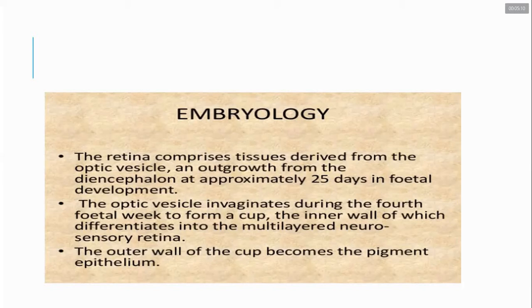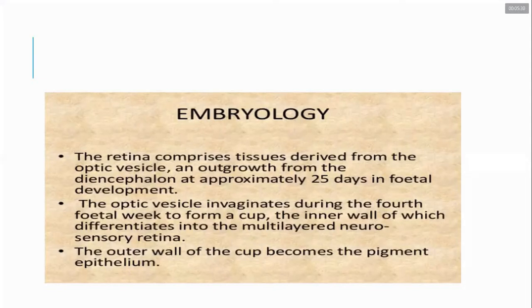So now you remember the optic cup. From the optic cup there are outpouchings, and later on you will have optic vesicles which invaginate during the fourth fetal week to form the cup, and the inner wall of which differentiates into the multi-layer neurosensory retina.